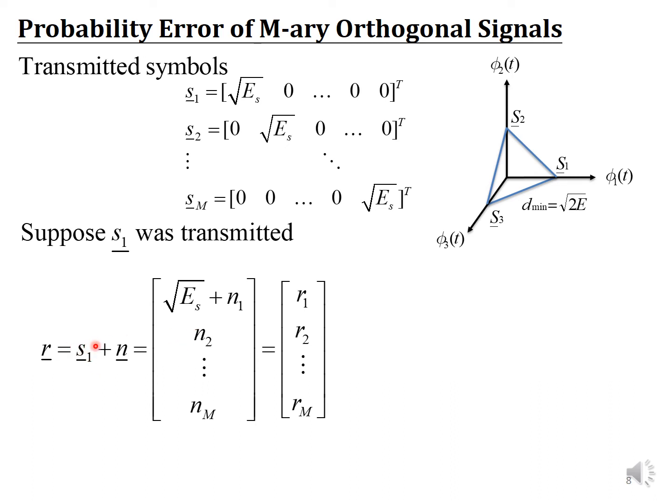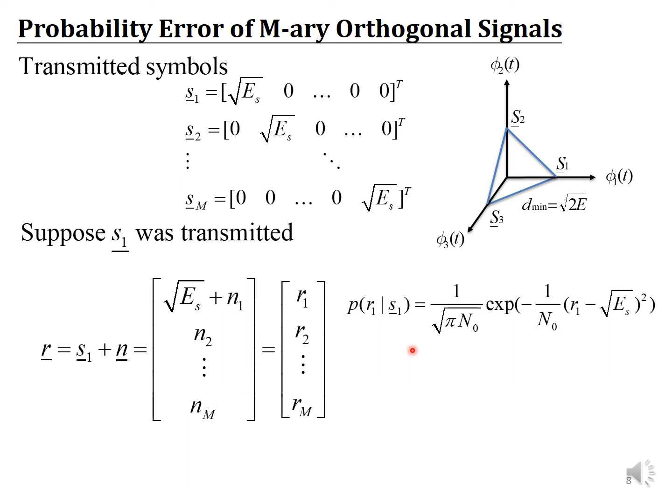If S1 was transmitted, the received signal would have energy on the basis phi 1. The received signal R is an M-dimensional vector, where R1 contains the transmitted signal, and R2 to Rm contain noise only.